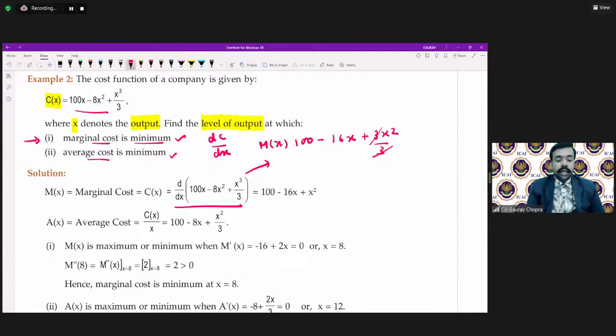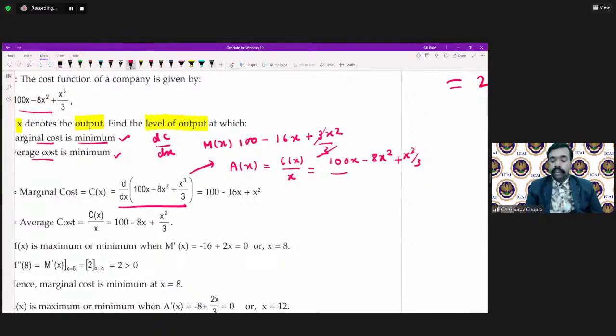mx. And now when we are talking about the average cost function, ax, average cost means the total cost divided by the total number of units. So what is the total cost? The cost function says 100x - 8x² + x³/3. This is the total cost, which will be divided by the number of units.